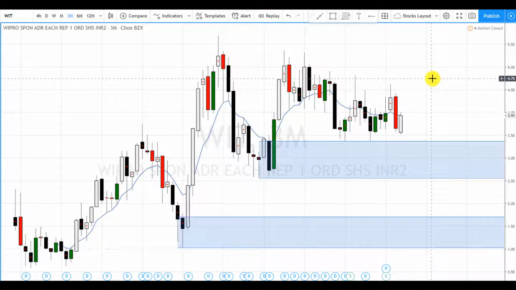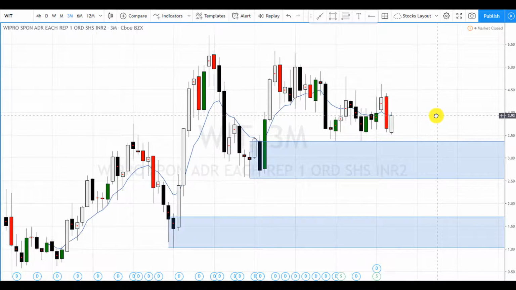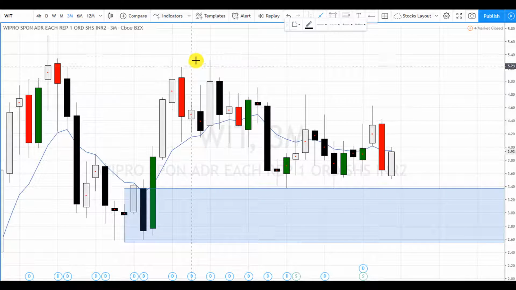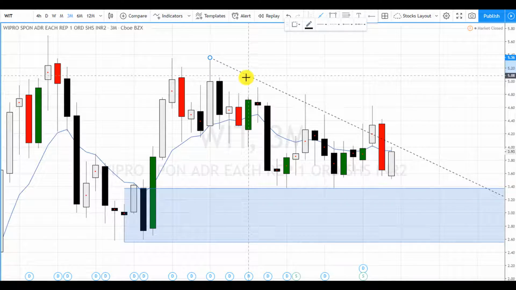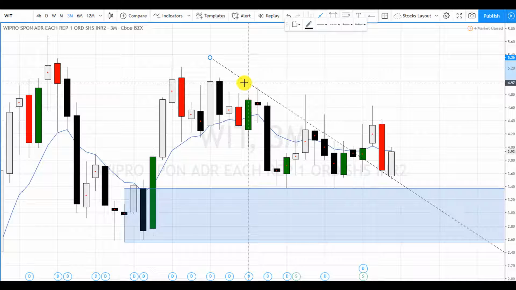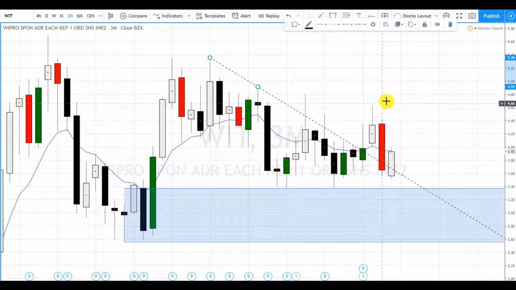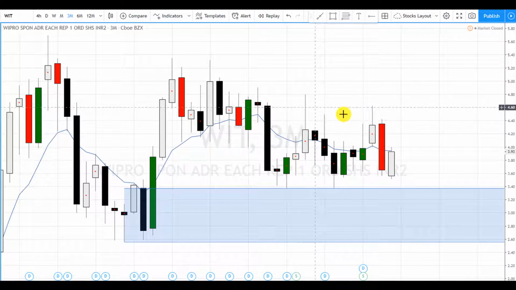Okay, all right, so what we have here is, let me zoom in better. Okay, so what we have here is a trend line right here, but this trend line was broken right here, so we can remove it.